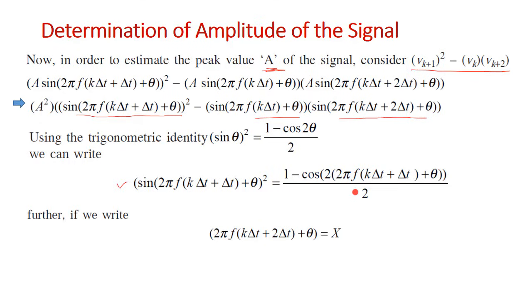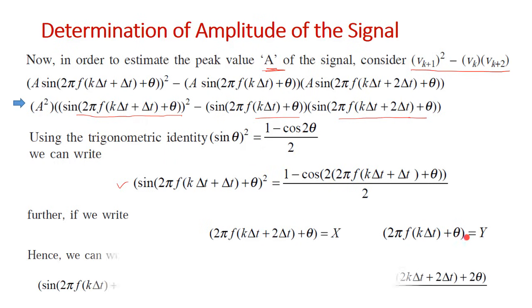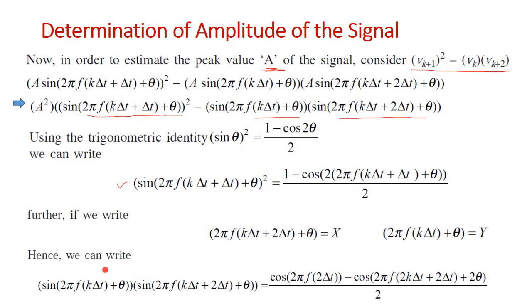And if we write that 2 pi f k delta t plus 2 delta t plus theta is equal to x, and 2 pi f k delta t plus theta equal to y, then hence we can write this expression. For this I can write sine of (2 pi f k delta t plus theta) into sine of (2 pi f k delta t plus 2 delta t plus theta).